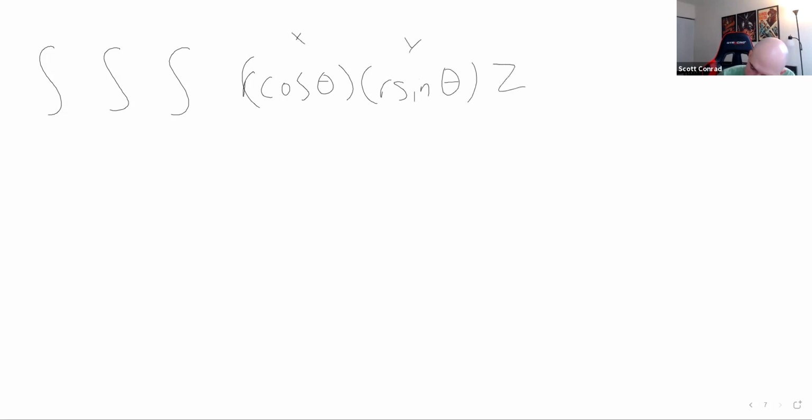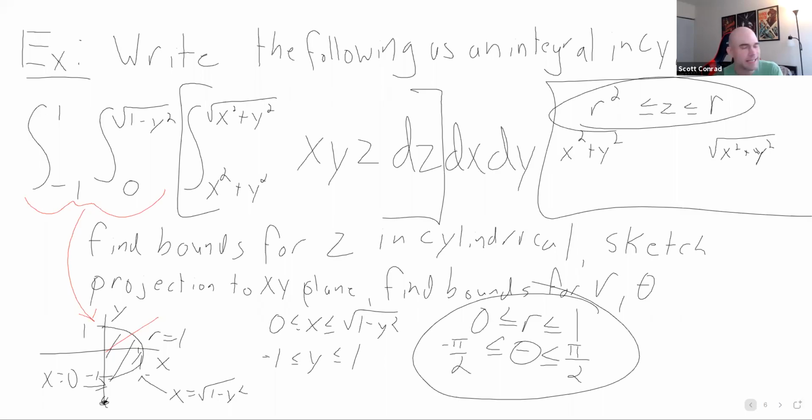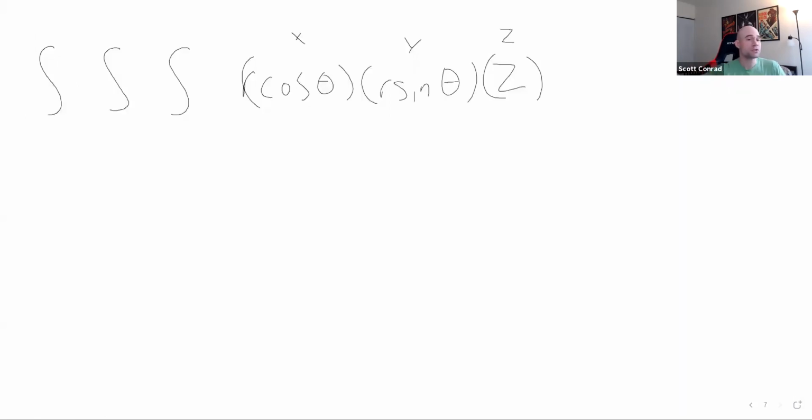And then z is still z. dv, well, okay, so dz dx dy is our dv in rectangular. So when we convert to cylindrical, the dv is r dz dr d theta.